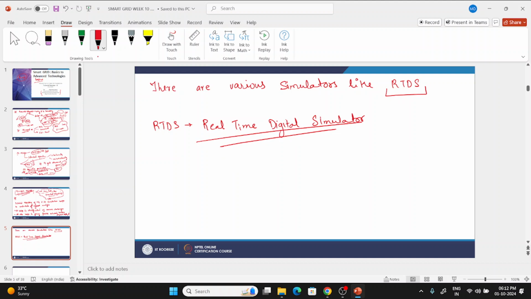Now what happens is, whichever microgrid is to be simulated, it should be done on a software which simulates all the characteristics of that. So what does RTDS do?